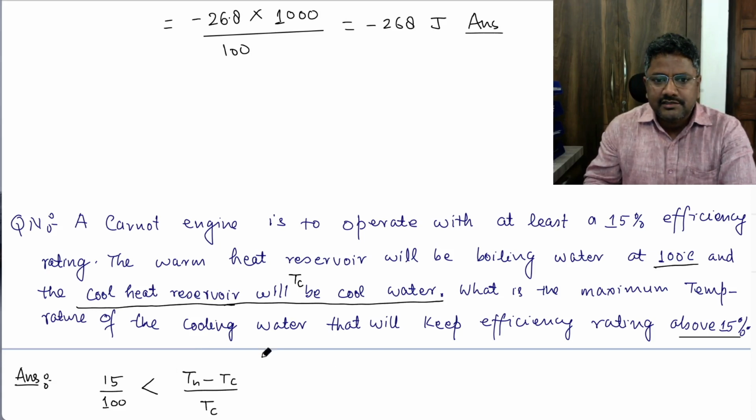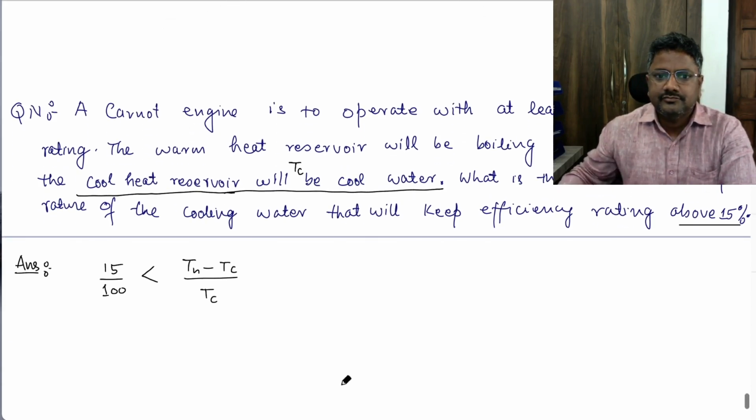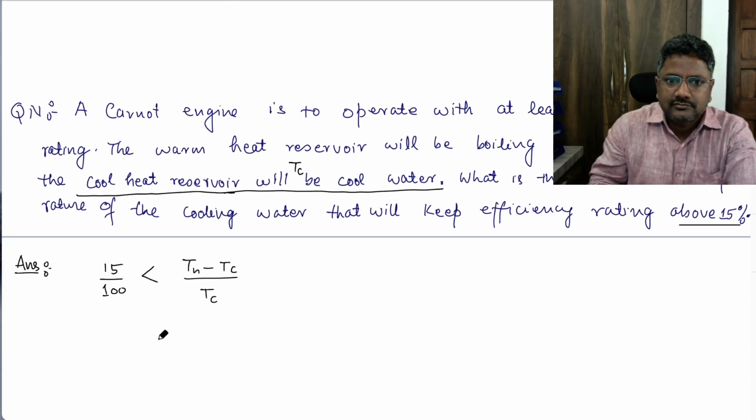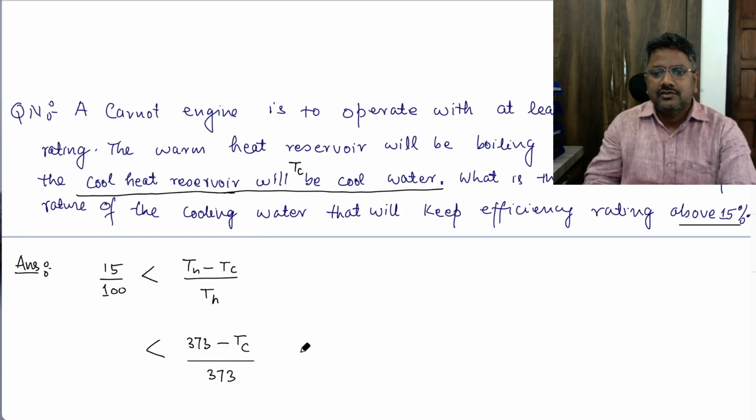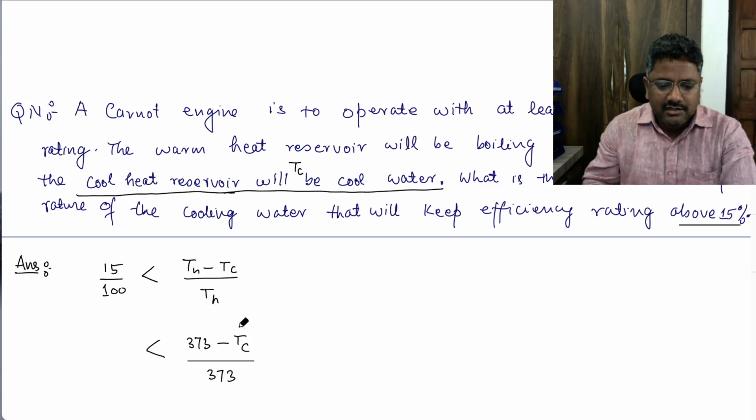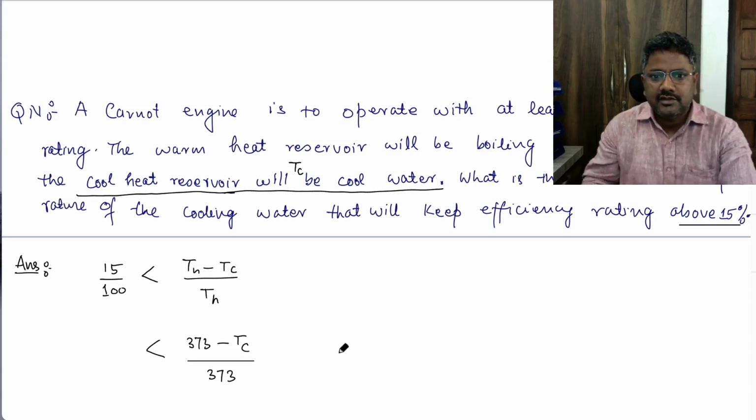By using this you can calculate. Th is 373 Kelvin, minus Tc, sorry, this is Th not Tc. This is Th, right? Tc by 373, right? So solve this equation, and after solving you will get the correct answer, right?